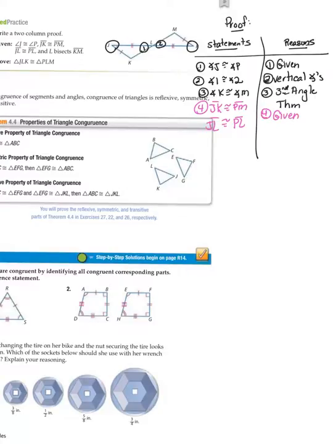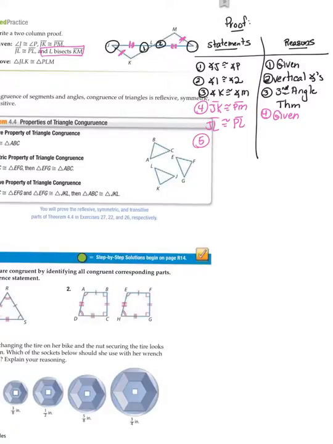I did not have to. I just chose to for variety. So that side and that side are equal, and then that side right there and that side are equal. I see that I've got to get that other diagonal in there somehow equal, and if you look, you've got more information. You're either going to have more information in your given or more in your diagram.